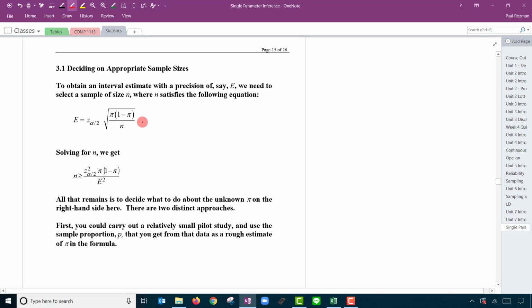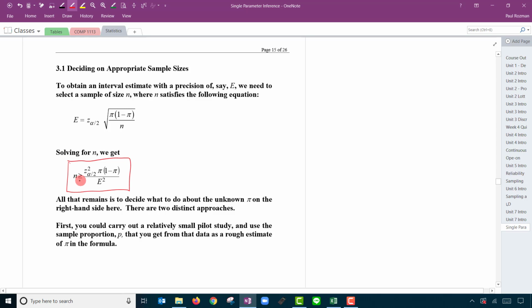And we do it the exact same way we did when we were studying the mean. Basically, we take our error formula and rearrange it. Solve the error formula for n. A little bit of algebra, square both sides, etc. You end up with this formula here.